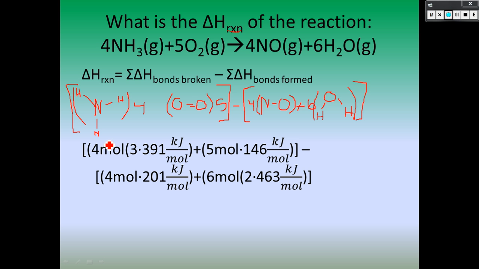We have 4 moles of 3 NH bonds. So each NH bond is 391 kilojoules per mole. There's 3 of those, 1, 2, 3, and it's 4 moles.